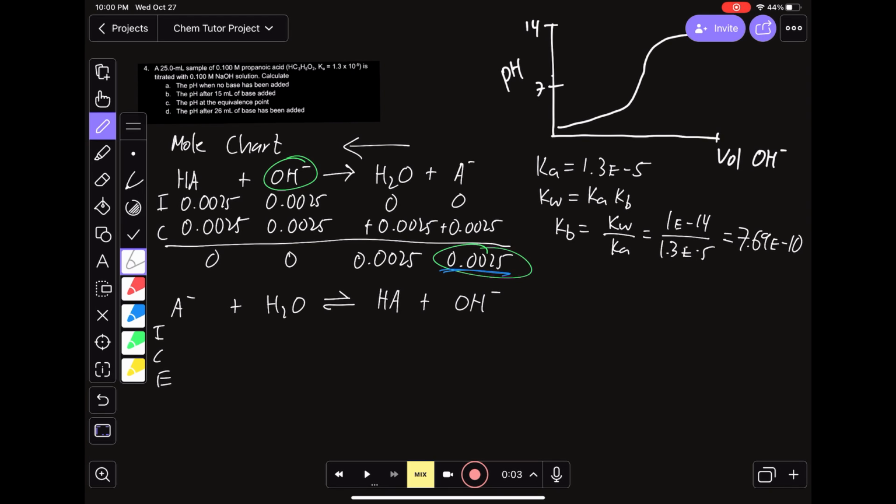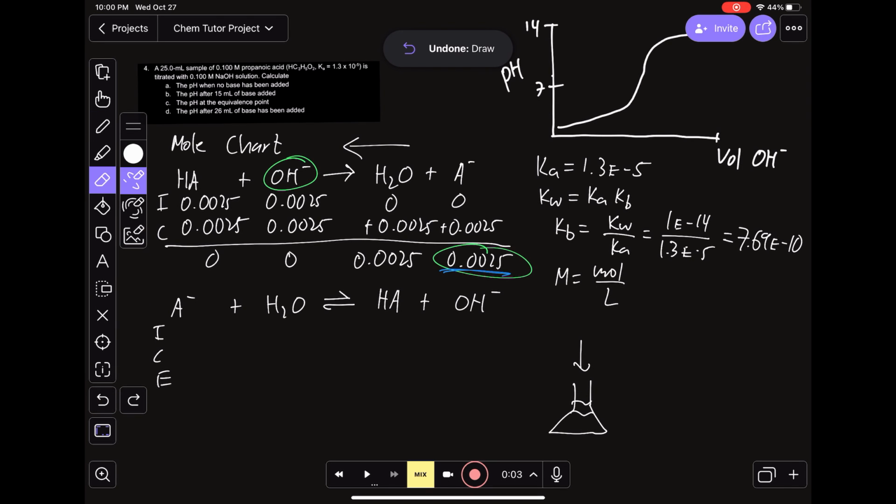We have to use the molarity equation, molarity is equal to moles over liters. This is where you need to remember that we've added volume to the solution. We started off with this much acid, and then we slowly dripped more and more base, thus increasing the volume even more.